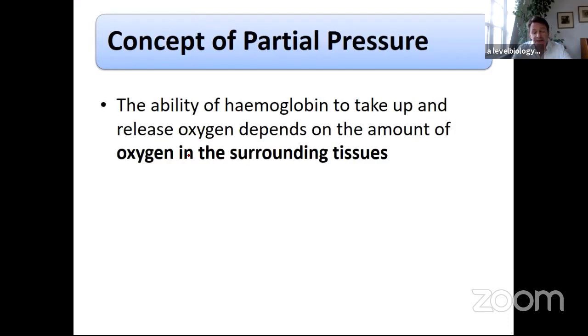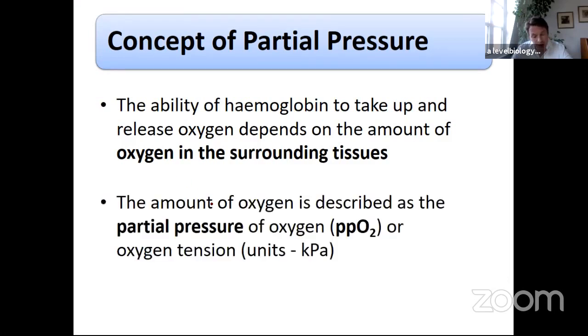Now, the concept of partial pressure is one that students do tend to struggle with. Why it's so important is that the ability of hemoglobin to take up and then release oxygen depends on how much oxygen is surrounding the hemoglobin.